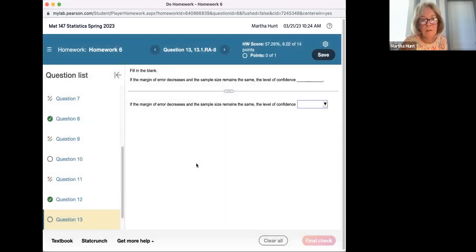The margin of error decreases and the sample size remains the same. That means the Z value must have gotten smaller. And when the Z value gets smaller, the margin of error gets smaller.